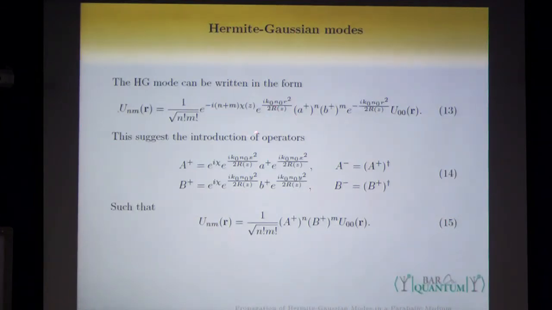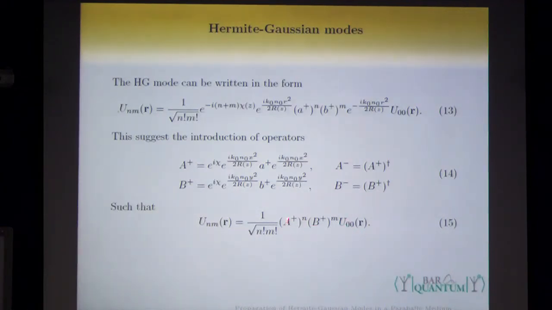And this form allows us to introduce other operators, A and B in capital letters, defined in this way, so that we can see in this part that the Hermite Gaussian beams are like subsequent actions of the operators A and B onto a fundamental mode, that in this case is the Gaussian mode.